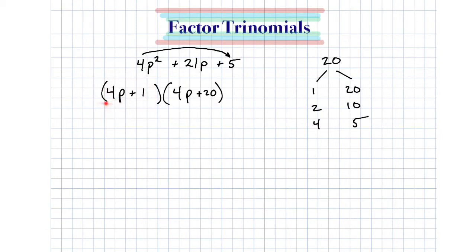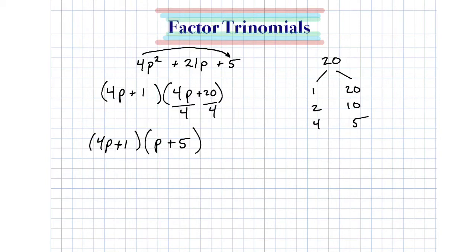There's no common factor that I could divide in here to reduce it, so it's going to remain the same. This one here we can reduce. The highest common factor between 4 and 20 is 4. So for our first term, we have 4p plus 1. For our second one, we have p plus 5.